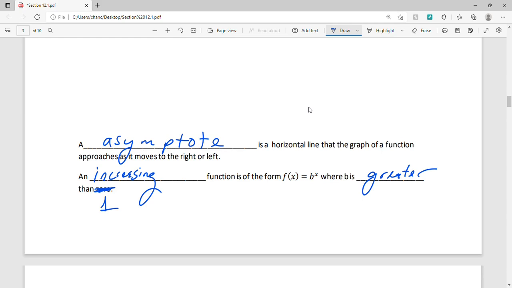Again, an increasing function is of the form f of x equals b raised to the x, where b is greater than 1. When we have a base that's greater than 1, our function grows as we go to the right. As we go to the right, our exponential function is increasing if the base is greater than 1.